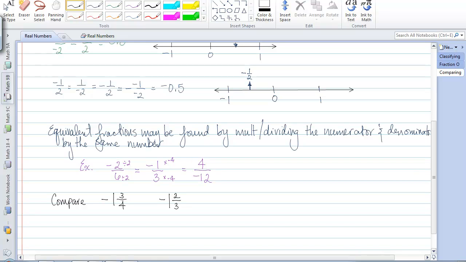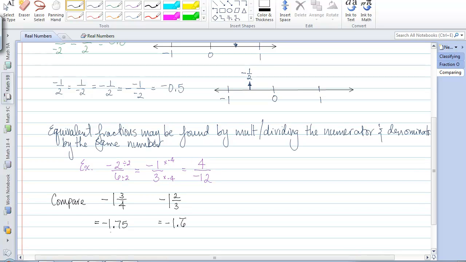So a simple way to look at this would be to convert them both into decimals, remembering that if we wanted to convert it into a decimal, numerator divided by denominator, knowing that we have the 1 as a whole number in front, so we're looking at -1.75, in this case, and -1.6 repeating.